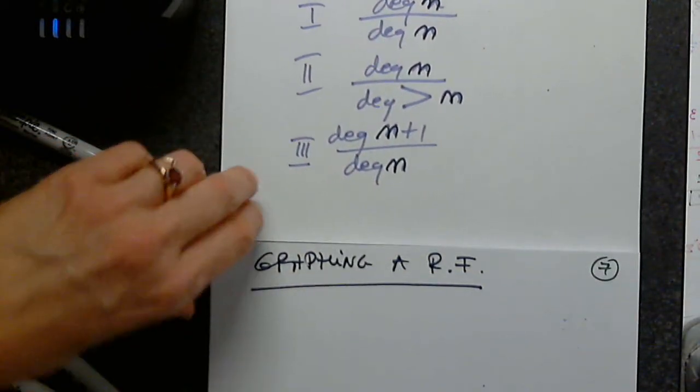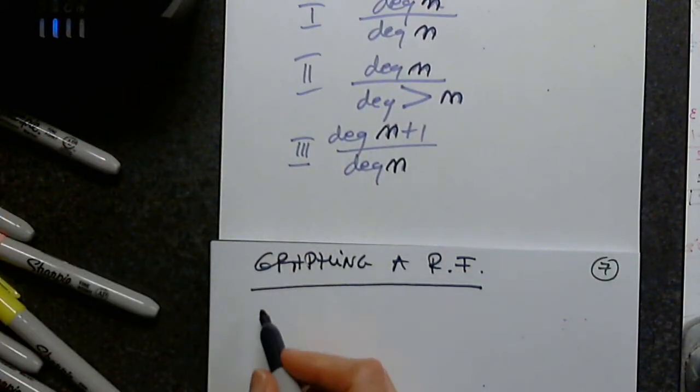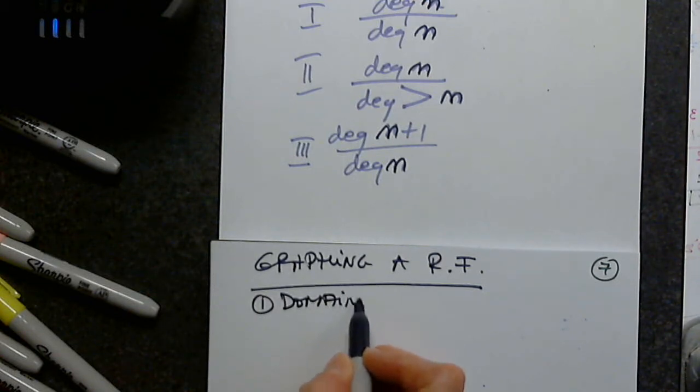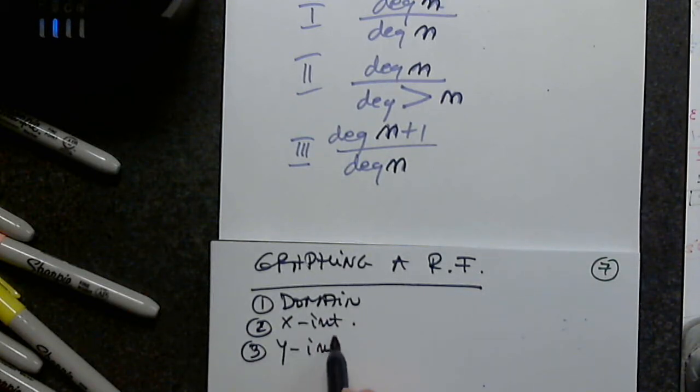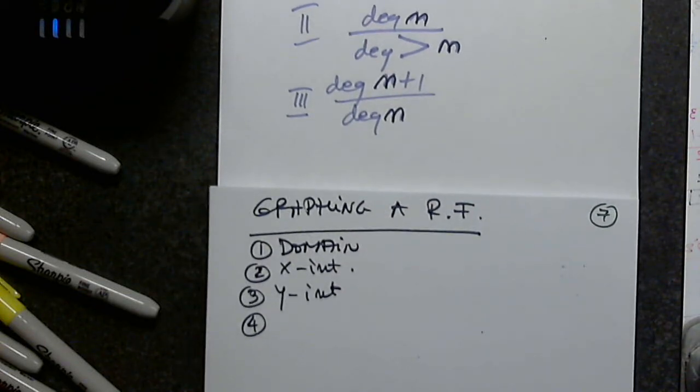Graphing a rational function. What do we know from before? We know in the list: 1, domain. 2, x-intercepts. 3, y-intercept. 4, symmetry. 5, end behavior.